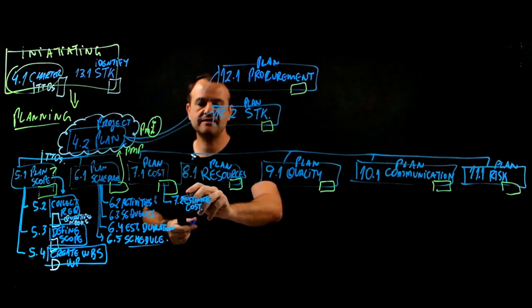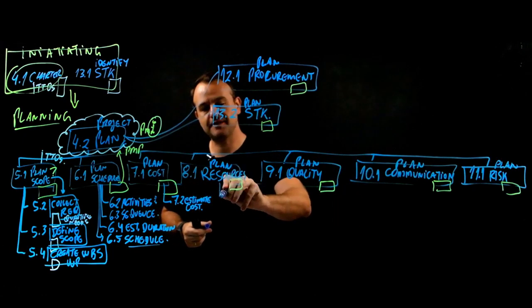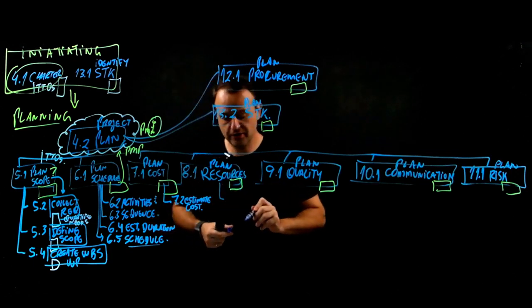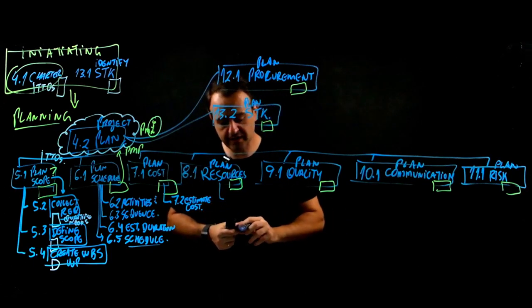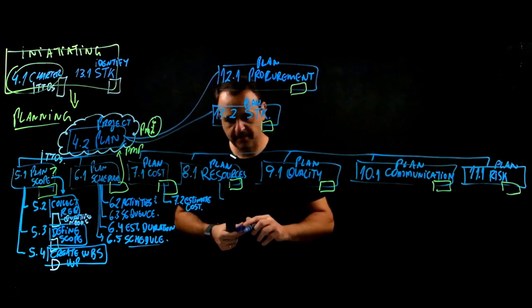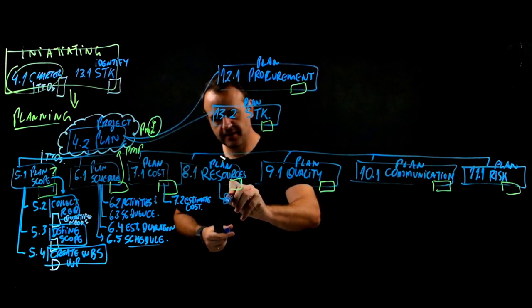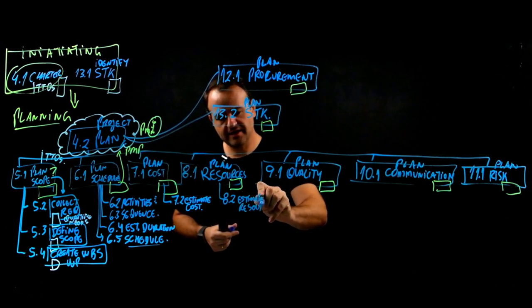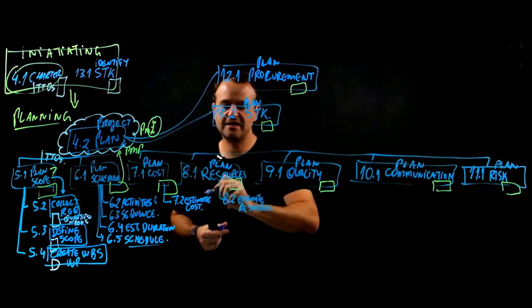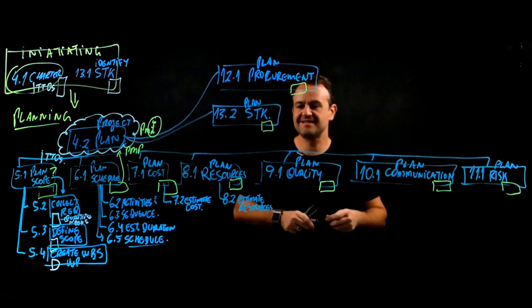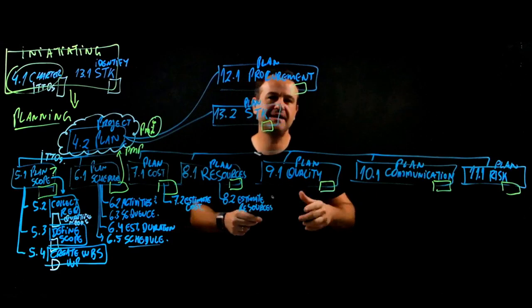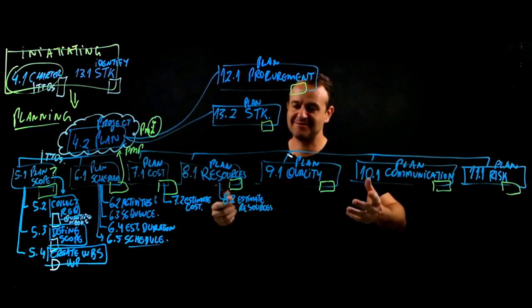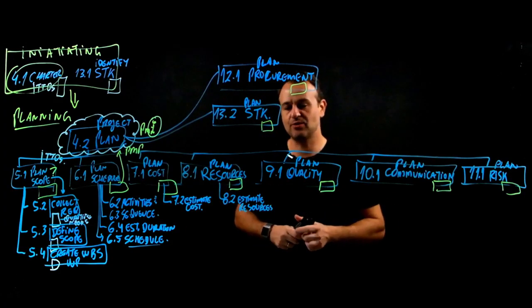So I'm going to estimate costs, and this estimate for the costs is going to be based on the estimated resources. So 8.2 is estimate resources in the activities. Estimate resources. And as you estimate resources, you estimate the cost. So this is something that many people are curious about or do not understand how that works.